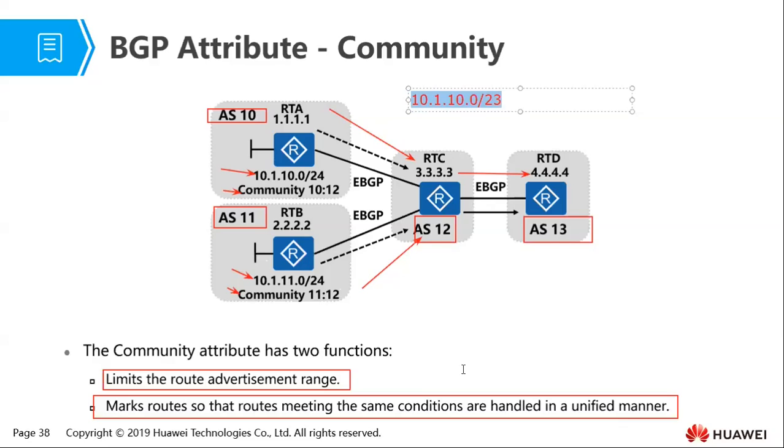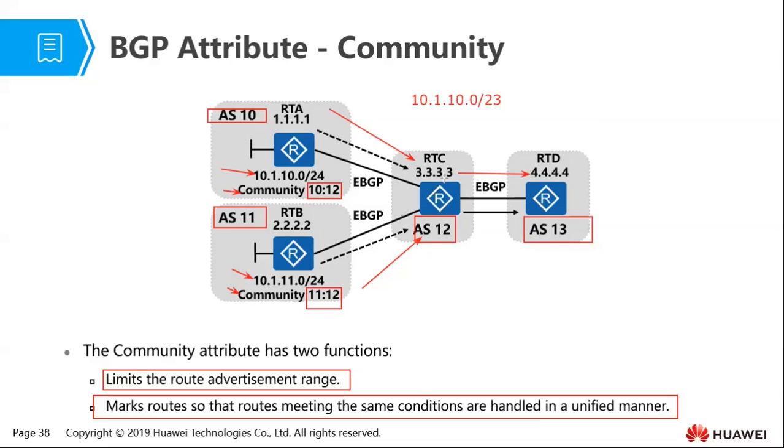To do this, you have to configure an IP prefix on RTC, and you also have to configure a community filter that will be able to identify each of these community values. In the lab, you are going to handle that and see how it is done.